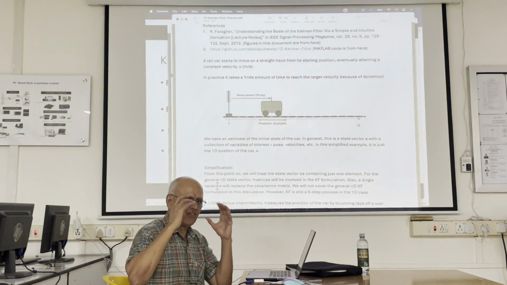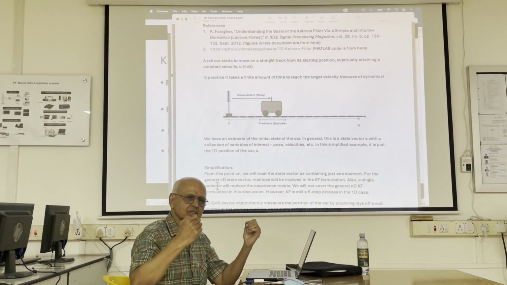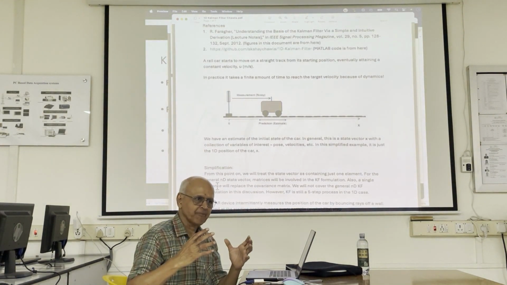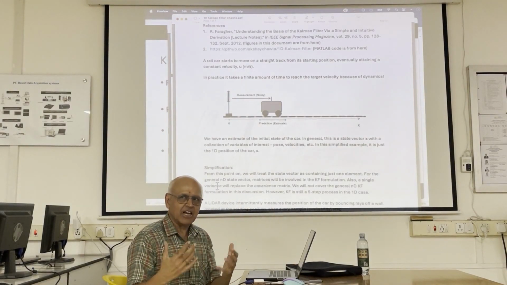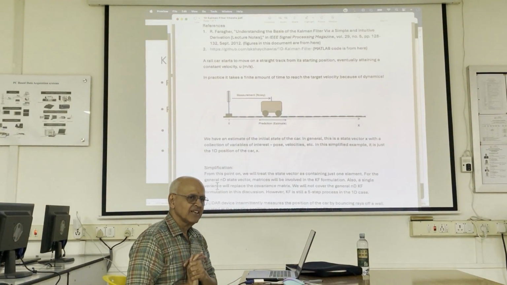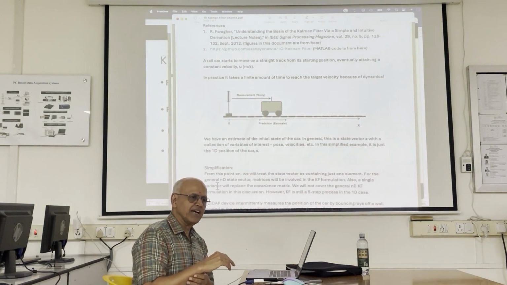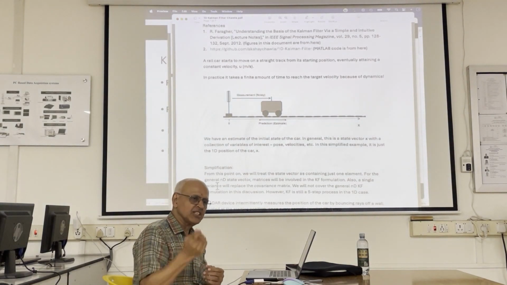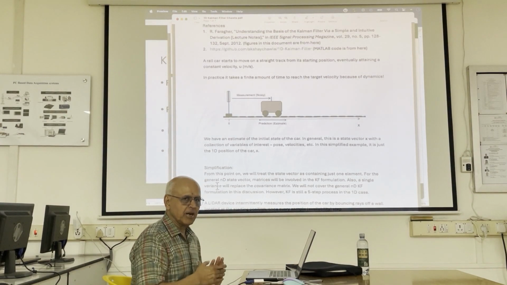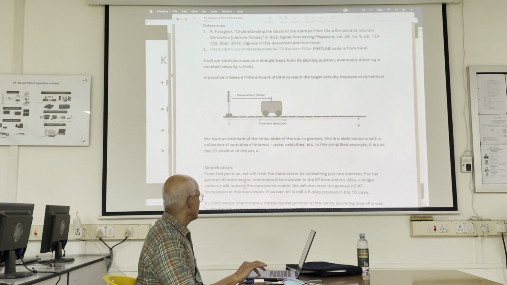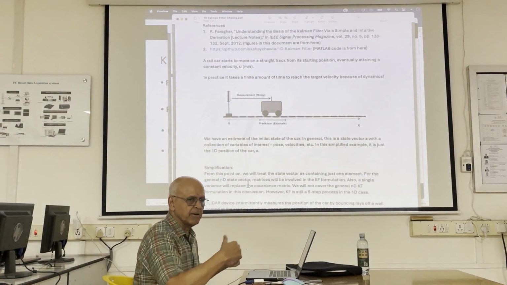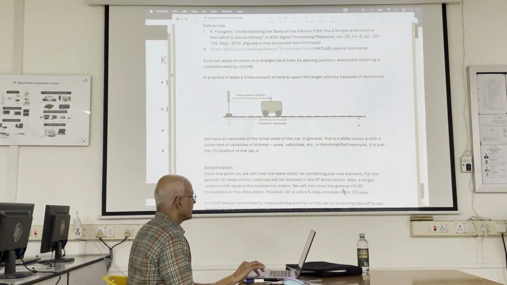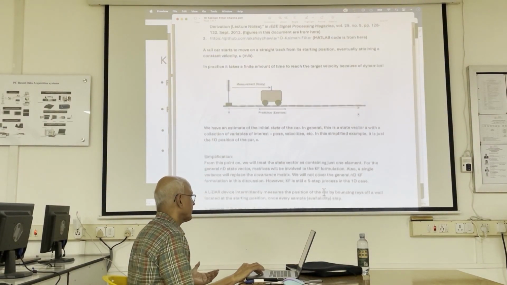That's why when you're first studying this, you want to pull your hair out, which I can't because I already lost my hand. But you want to do that because of matrices and then derivative calculus with matrices and so on. So it's not an easy thing to explain why the covariance comes in addition to the variance. But we are doing the 1D problem, so this is just a note to remind readers that the actual multi-dimensional case is a little bit more complicated. So we will not cover the general ND KF formulation in this discussion. However, KF is still a 5-step process, the 5 equations.